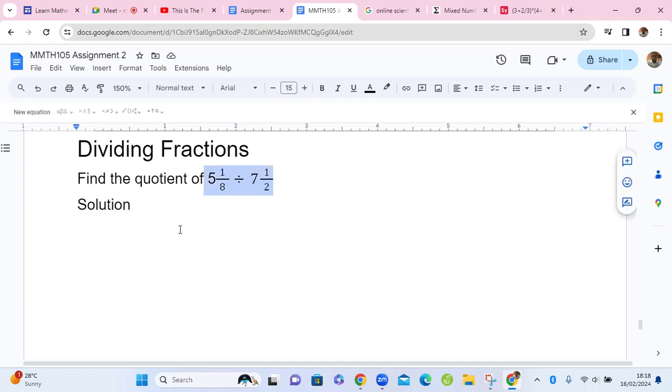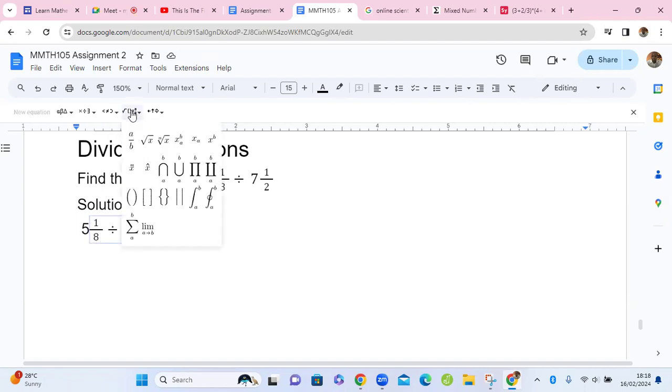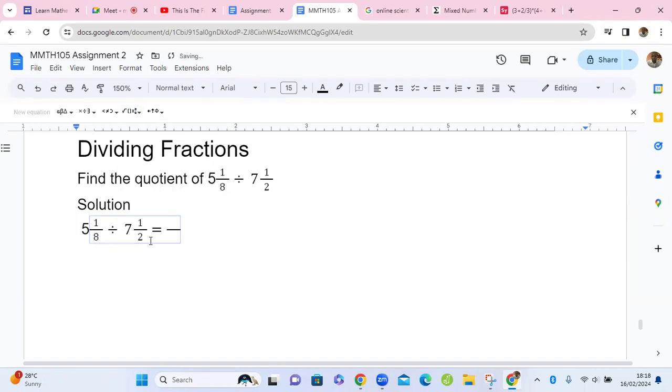we will need to convert the mixed number to an improper fraction. So the 5 and 1/8, we're going to convert it to an improper fraction by multiplying and adding. 5 times 8 is 40, plus 1, that will give us 41.